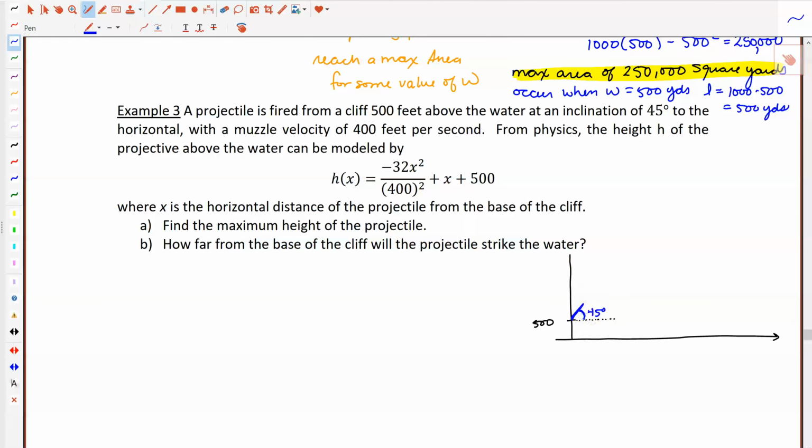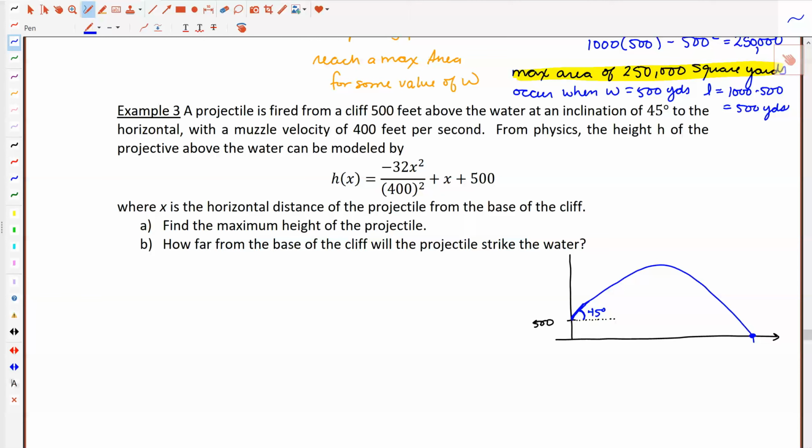That's what it means by an inclination of 45 degrees to the horizontal. The projectile is going to reach some sort of maximum, and then come back down and hit the ground. So we're going to be finding the maximum height of this projectile, and then how far from the base of the cliff the projectile will strike the water.